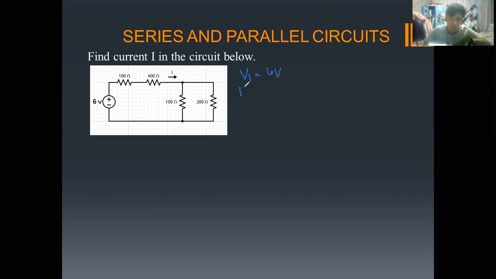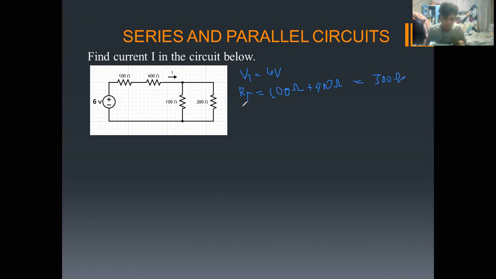Tapos, R total natin is equal to yung 100 ohms plus 400 ohms is 500 ohms. Yan yung sa series natin.